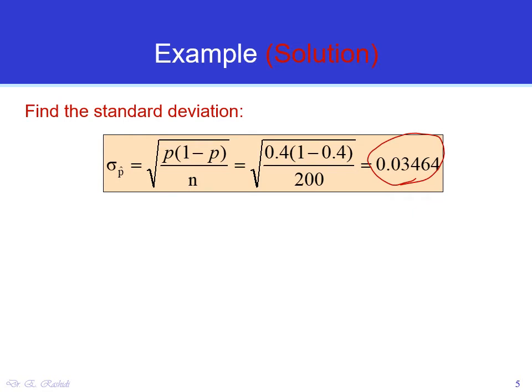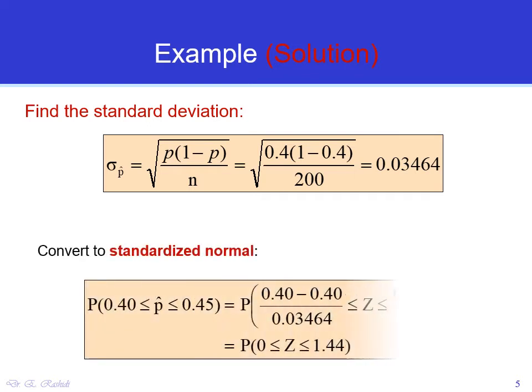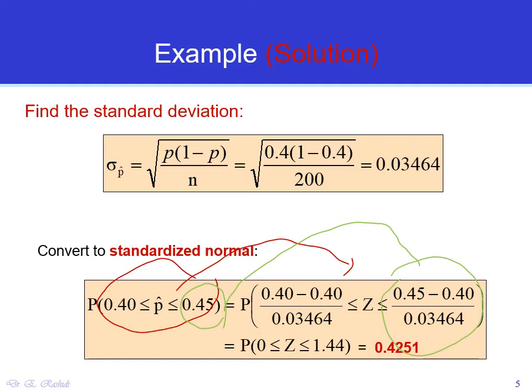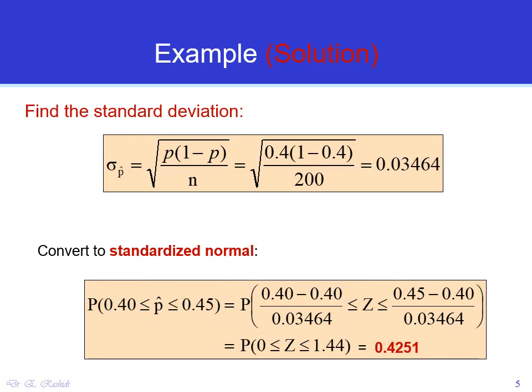Now we can convert our distribution to a Z distribution. The probability that P hat is between these two values, we convert to Z. We have to find the Z of 0.45 and also the Z of 0.4. Z of 0.4 is 0, and Z of 0.45 is 1.44.